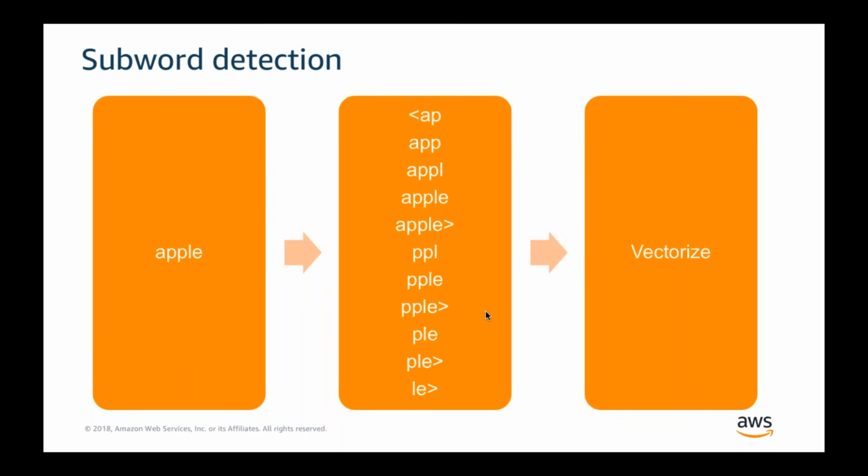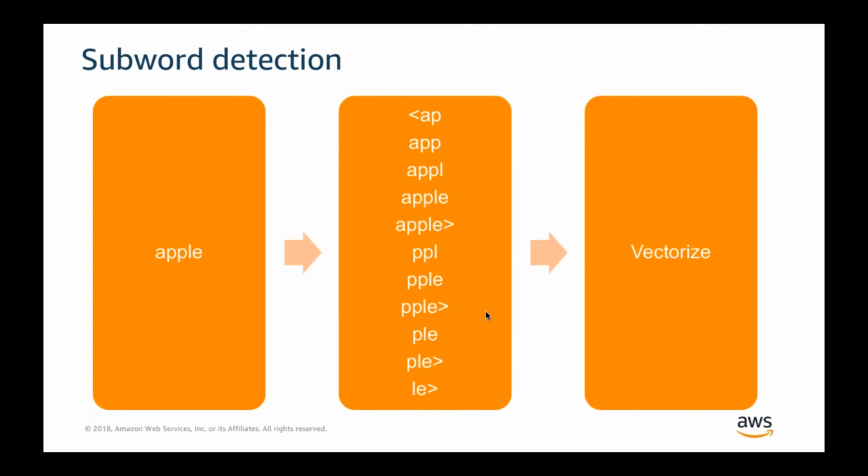What happens here is that this helps you with some kinds of out of vocabulary words. For example, if you did not include the word apples, which is a plural form of apple, in the original vocabulary, you would still be able to find that most of this word is similar to apple, except for one character at the end.